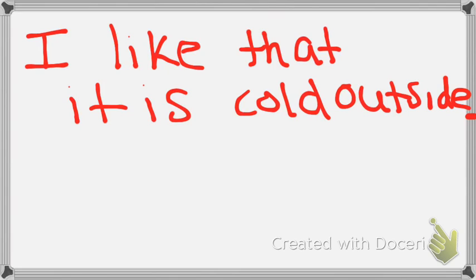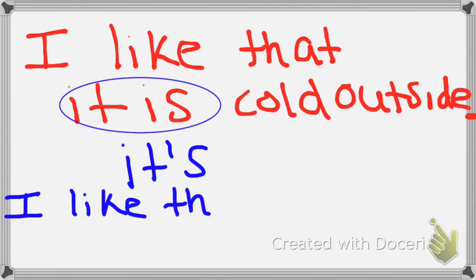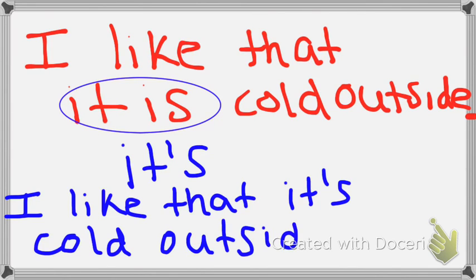There you go. I like that it is cold outside. So instead of saying it is, I can put those two words together and instead say it's. So I could say, I like that it's cold outside.